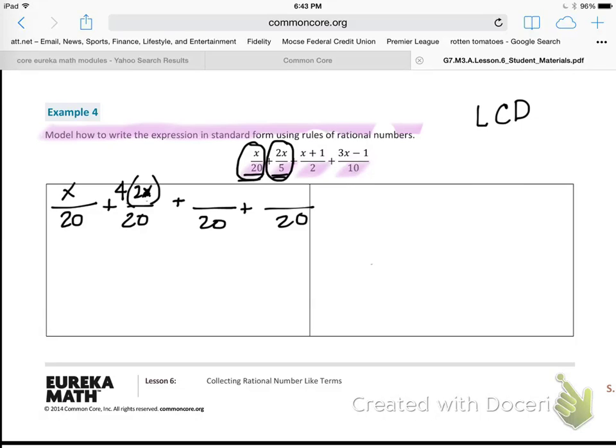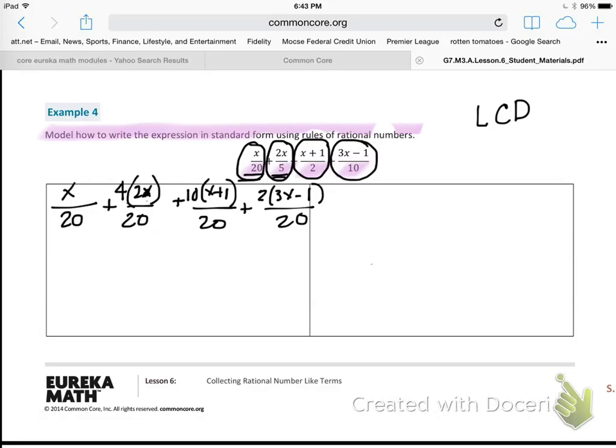Okay, so we'll just keep it like that. Now with the 2 in the denominator, we're going to have to multiply by 10. So we have 10 times x plus 1. All right, and now with the 10, we'll have to multiply by 2. So we have 2 times 3x minus 1. Okay. So now they're all 20ths, all right?